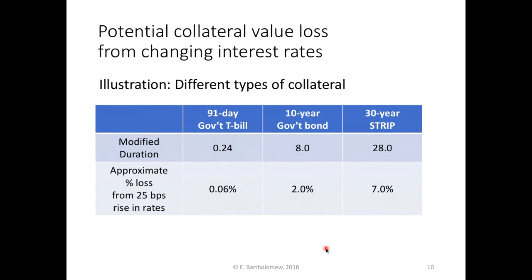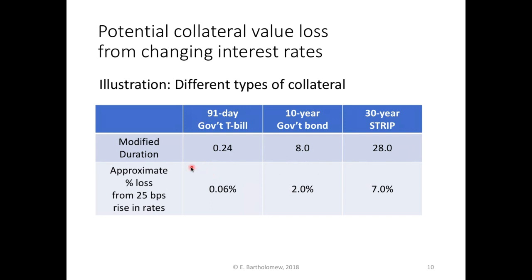Now, if we look at one aspect of this collateral volatility, that due to interest rate volatility, we see that the modified duration is an important indicator of that. So if we're looking at 91-day government T-bills, they have very low duration. That might have a duration of 0.24. Compare that with the modified duration for a 10-year government bond, which could be 8, and then a strip, which only has a single cash flow in 30 years, that might have a modified duration of 28.